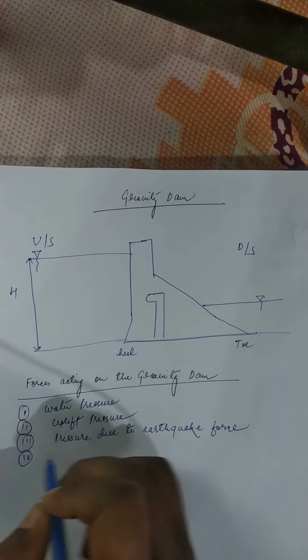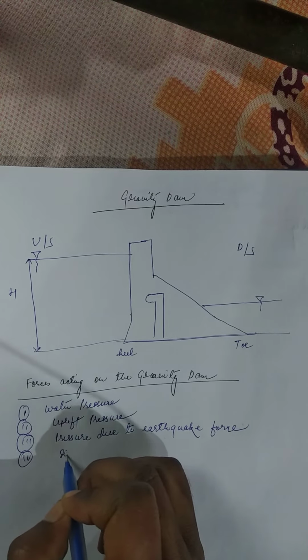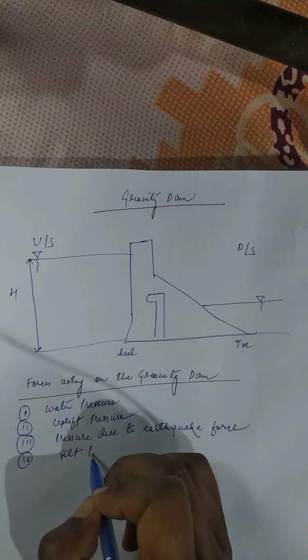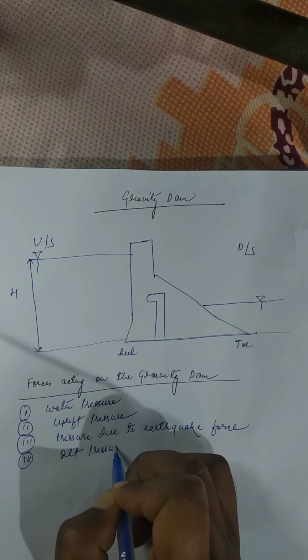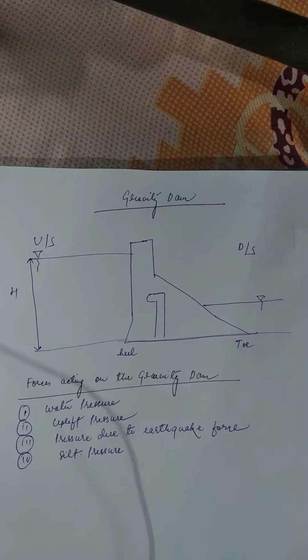Fourth one is silt pressure. Silt is what? Everyone is aware of that. Whenever the river is flowing, it erodes the soil from the riverbed or cuts from the side slope of the river, which mixes with the water in the form of suspended particles.